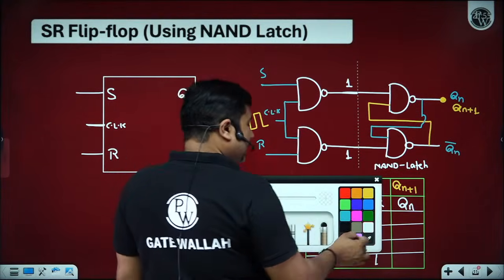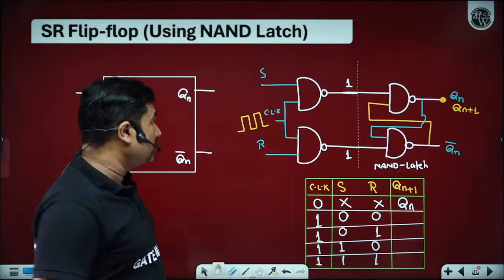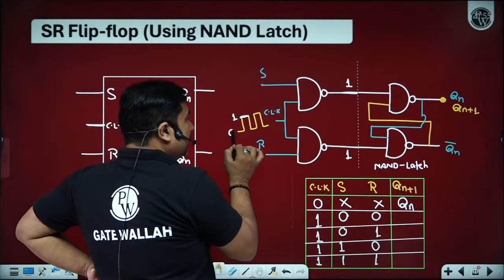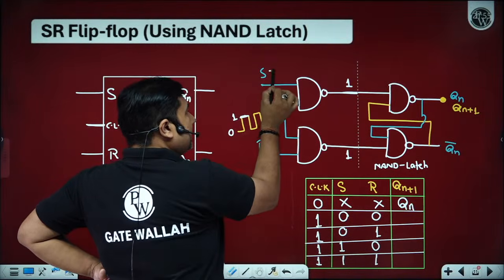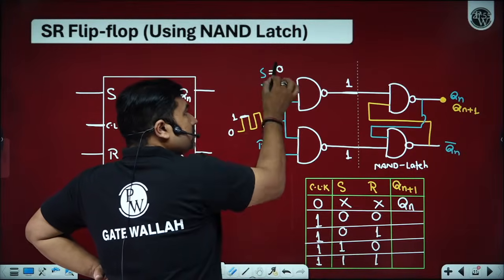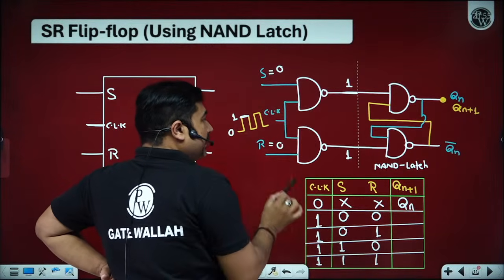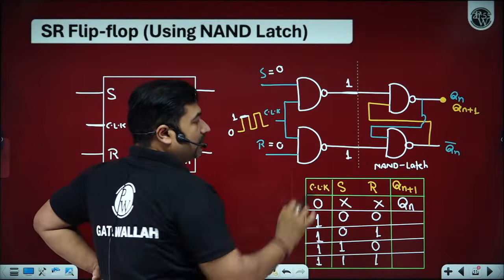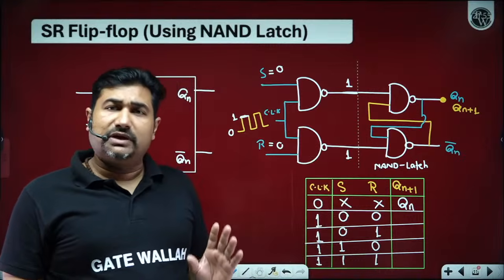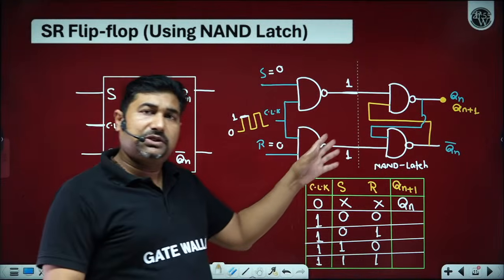Now with a high clock, if S is 0 and R is 0, 0 multiplied by anything is 0, its complement is 1. In a NAND gate, if any input is 0, then the output is logic level 1 only, because 0 multiplied by anything is 0, its complement is 1.